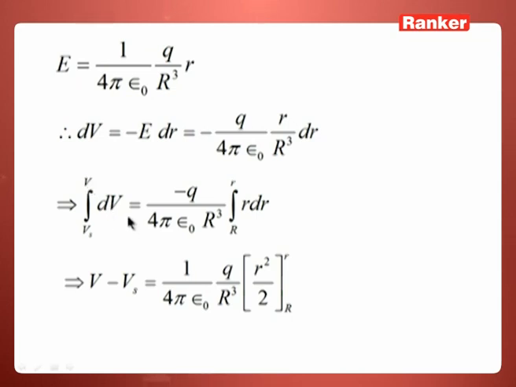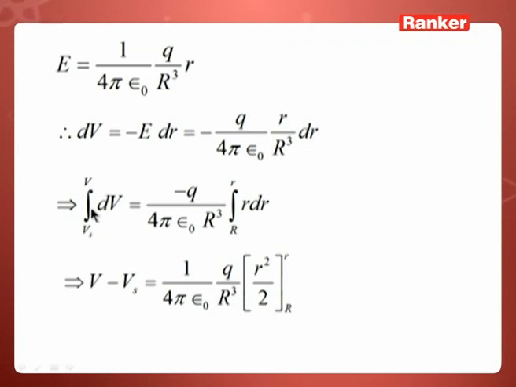That can be rewritten as minus q by 4 pi epsilon naught capital R cube, integral between capital R to small r, r dr. What is this capital R? It is the radius of the entire sphere. And what is this small r? It is the distance to the point considered inside the sphere.